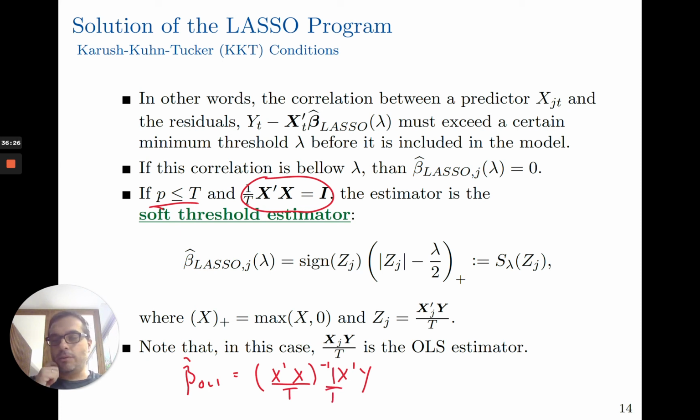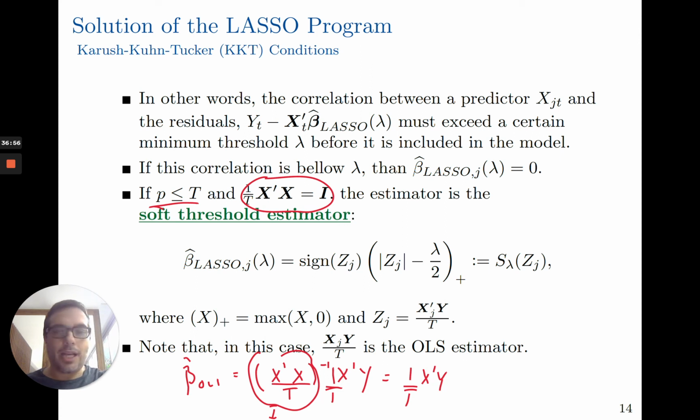This is innocuous because this t goes outside the parentheses and cancels with this t here. But the assumption we make is that this whole thing is the identity. The inverse of the identity is the identity, so the OLS estimator is 1 over t x prime y.